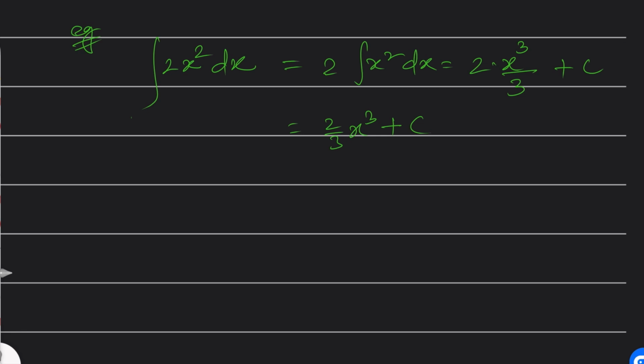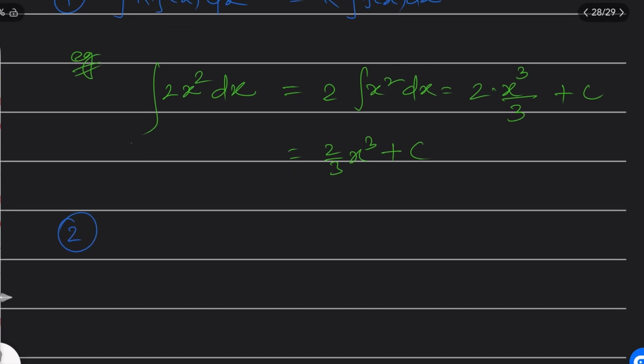Now next, I am talking about rule number 2. Rule number 2 states that if you have two functions, f of x plus g of x, and you are planning to integrate both together, how to do it? Just like differentiation.